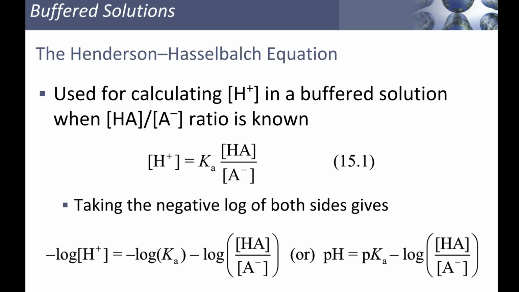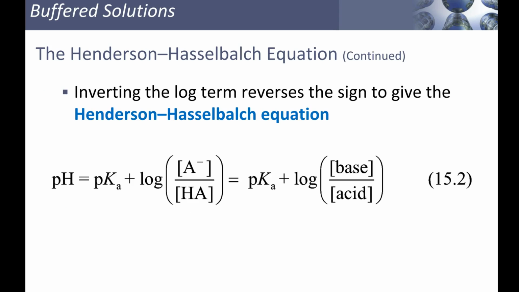Now, the Henderson-Hasselbalch equation, basically using this whole idea of the ratio and the buffered solution and getting the pHs. I think this is on your sheet. pH is pKa, so the negative log of Ka, minus log of HA over A minus. Those are concentrations.